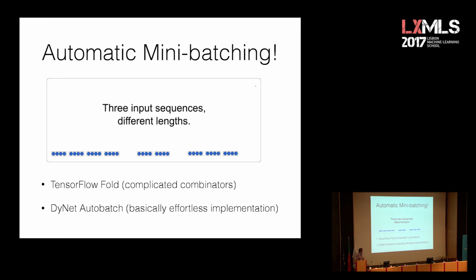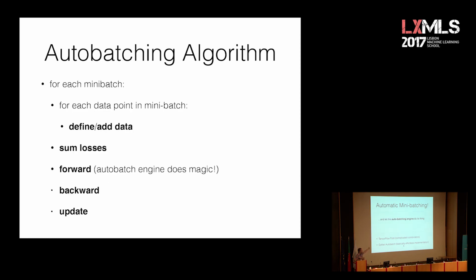What we do is we just write a for loop over all 3 of these sentences, calculate them independently, create a graph, combine their losses together, and then run this, and DyNet will automatically find the parts that can be calculated at the same time. It will automatically discover that nodes in blue are ready to be executed, and then these nodes can be grouped together using batch operations.